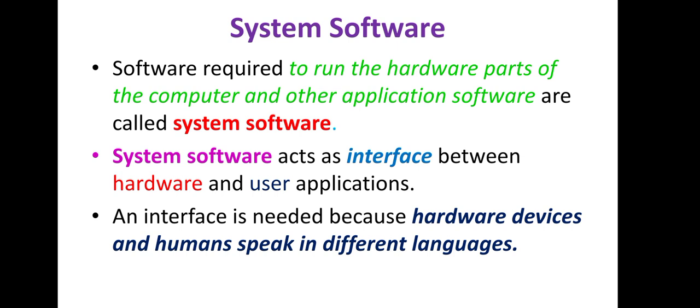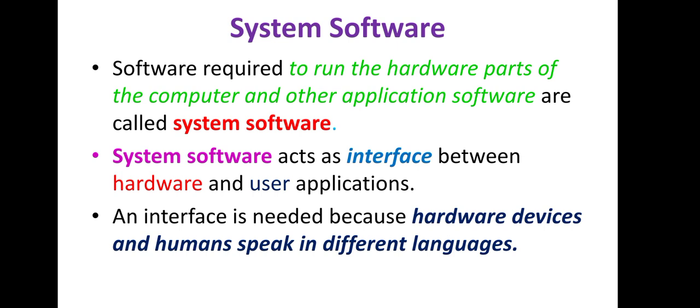Hardware is a physical device and a human being is a natural being, and they communicate in different ways. So to provide the interaction between these two, we have to provide an interface.